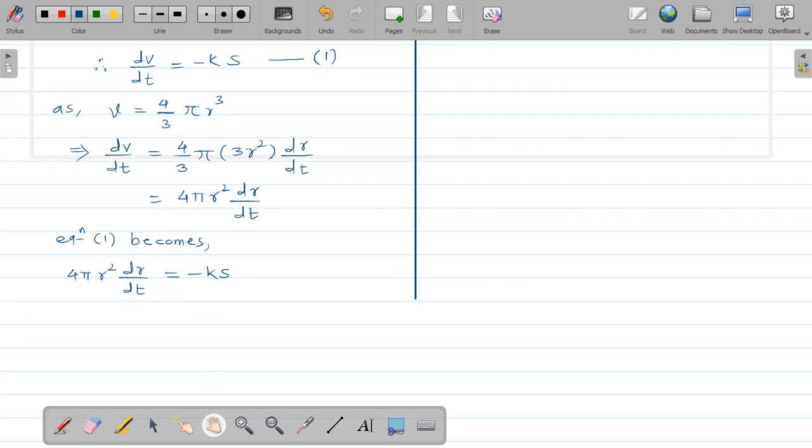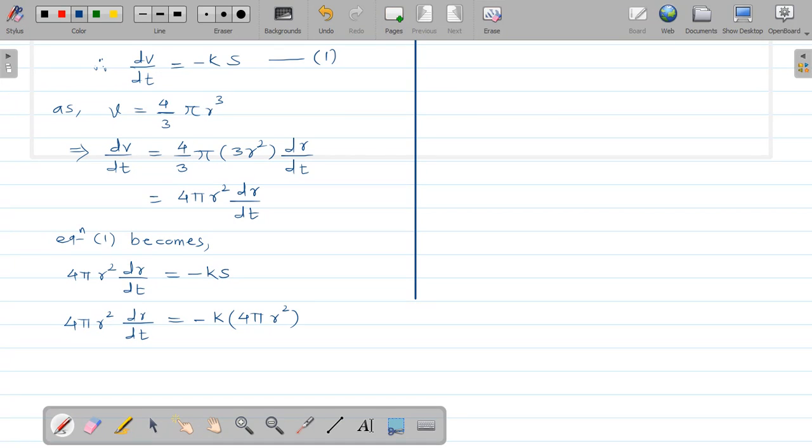Now you know the formula of surface area also. So we get 4 pi r square into dr by dt is equal to minus k into 4 pi r square.